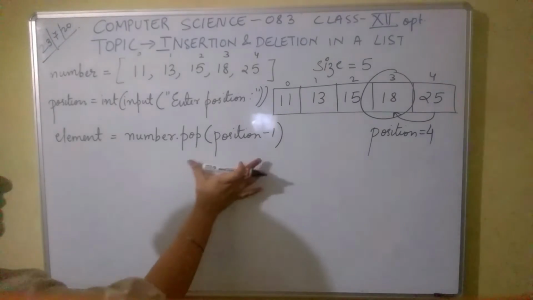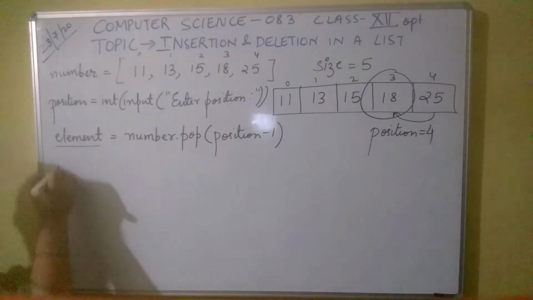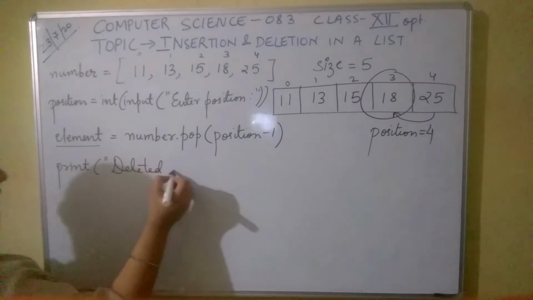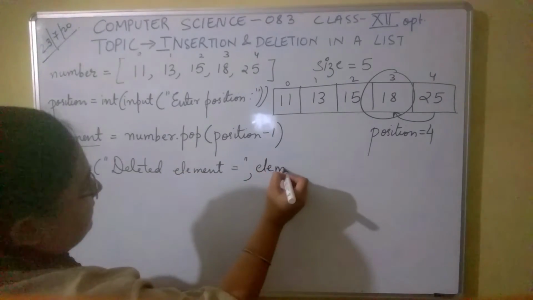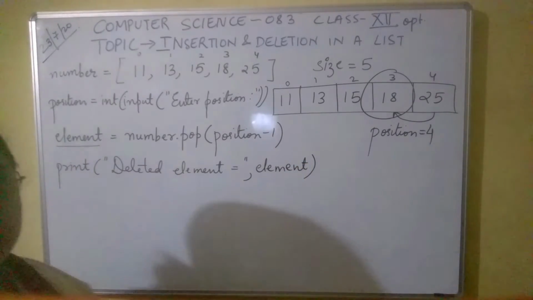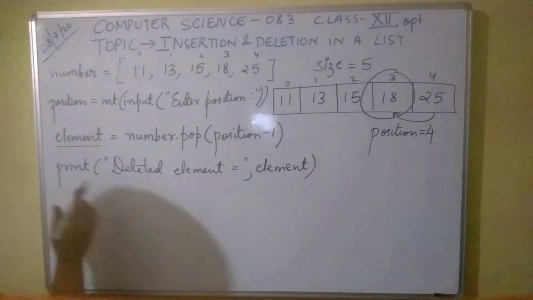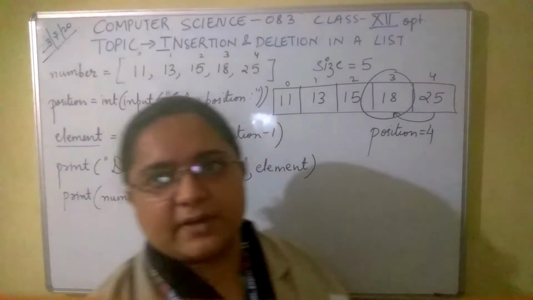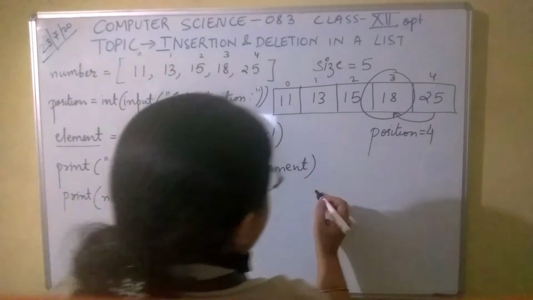The element will not only be deleted, but it will also be saved in element, so that we can print the deleted element. We can write: deleted element is, element. This way we can complete this, and once this is done, we can also print the list which has been modified. Because as soon as one element is deleted, your list becomes this.